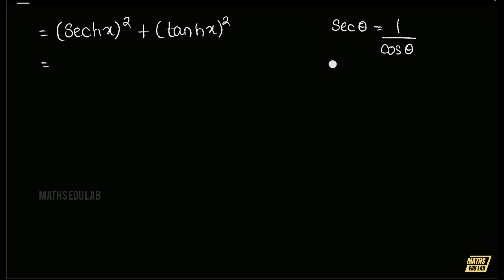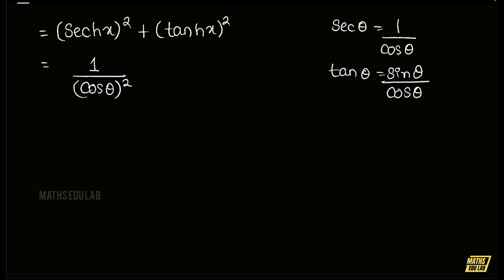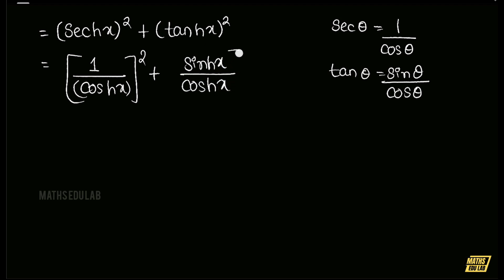In the same way, tan theta is equal to sin theta upon cos theta. Since I am following this formula, because the denominator values are the same, we can get the value of 1. Now just write the values: 1 upon cosh x whole square, then plus sinh x upon cosh x whole square.